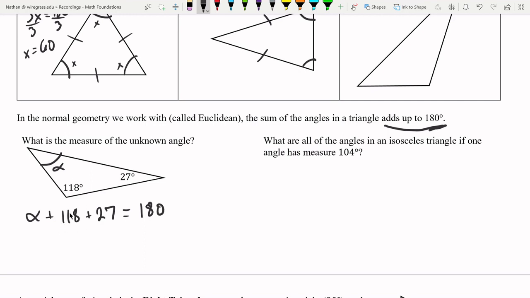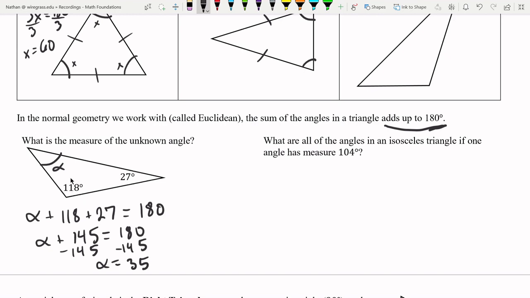Well, we know that 118 plus 27, these are just whole numbers that we can add. Doing that, I get 118 plus 27 is 145. And I can subtract 145 to get alpha by itself. And that's going to give me 35.